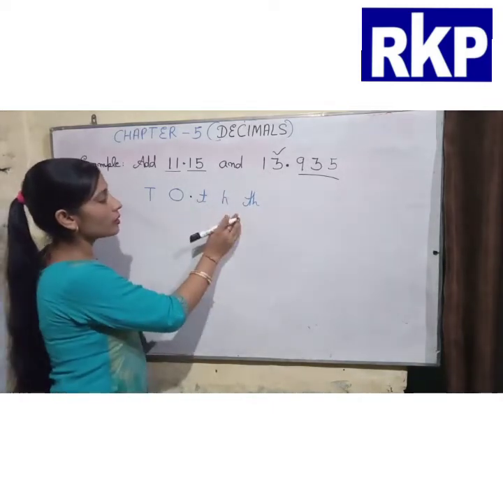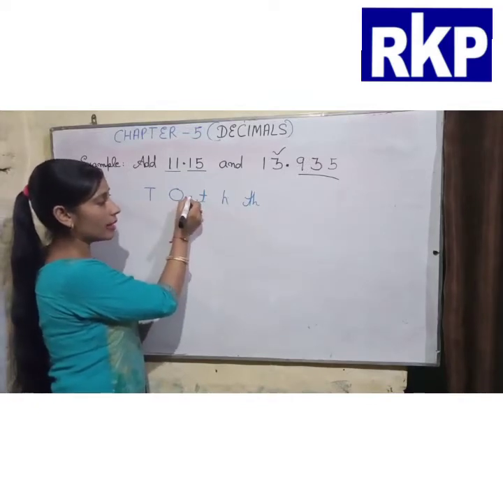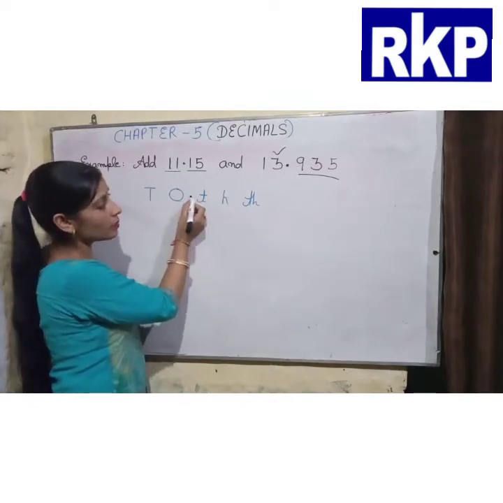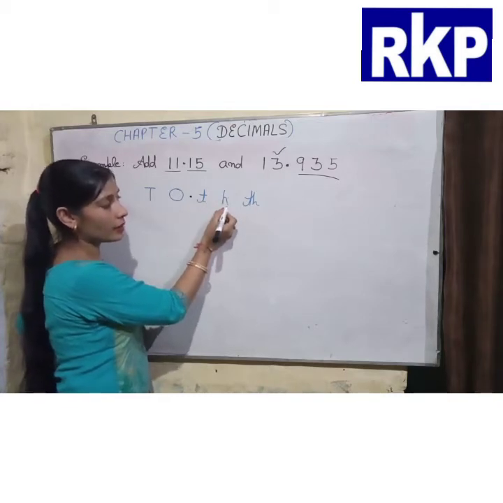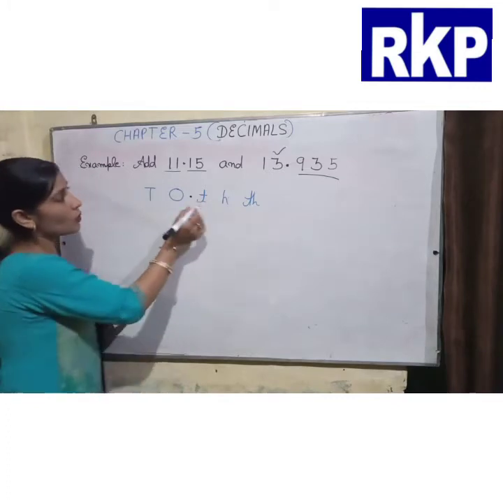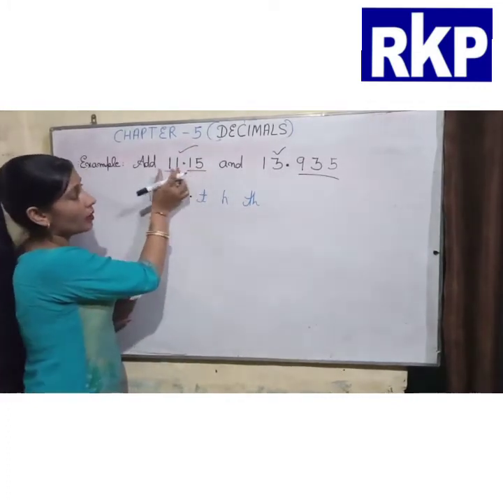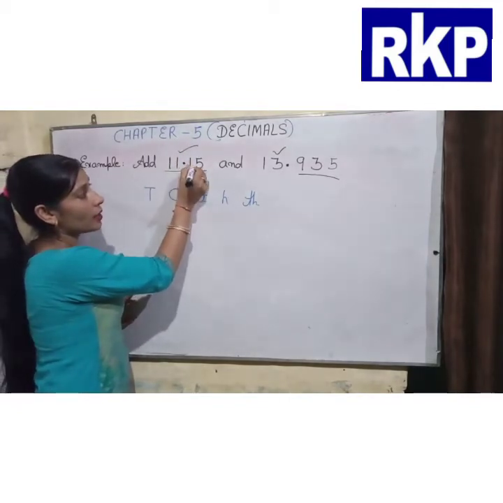So here I have written the places: ones, tens, and here the decimal point, and after the decimal point we have the tens place, then the hundredths place, then the thousandths place, and so on. First of all, let us write 11.15. After the decimal we have 15.